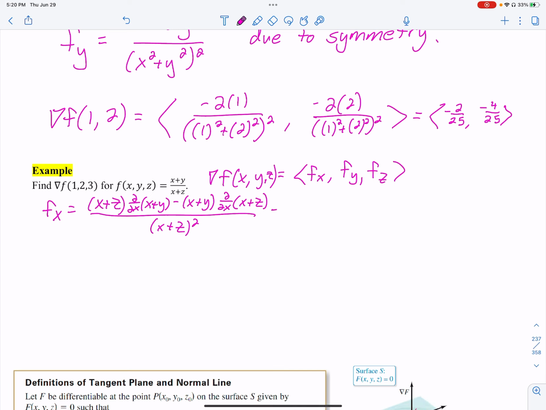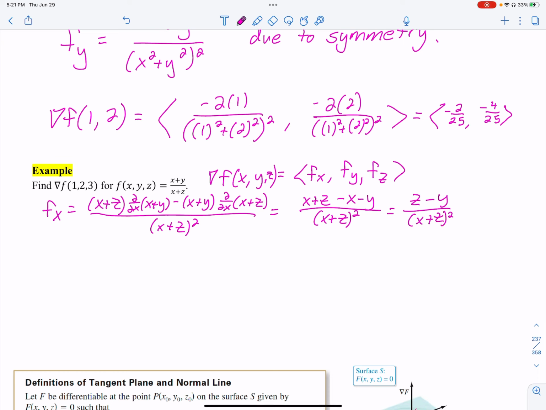All right, so let's see how this works out for us. I got (x plus z) times 1. That's that partial derivative. Then I got minus, and it's the same thing there, but I got minus (x minus y) over (x plus z) squared. That is going to give me (z minus y) over (x plus z) squared.